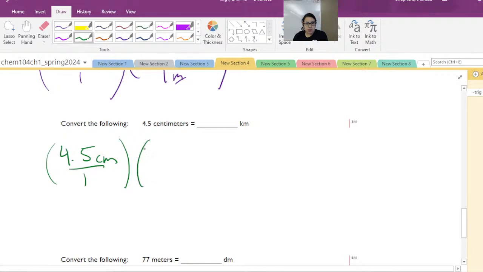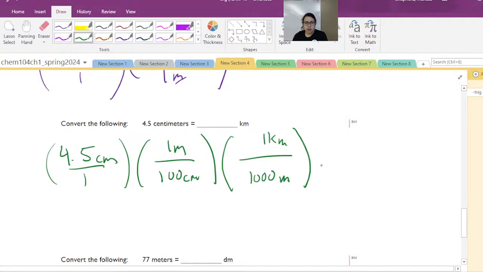Let's go centimeters to meters, so 100 centimeters in a meter. And then we have to go from meters to kilometers, so 1,000 meters in 1 kilometer. Does that look good to y'all?